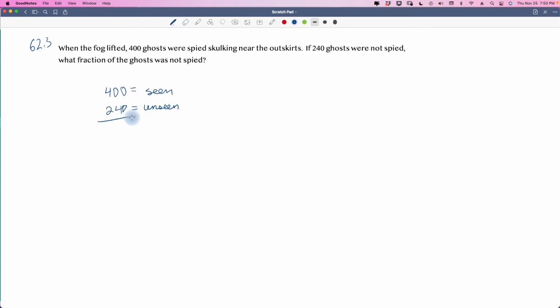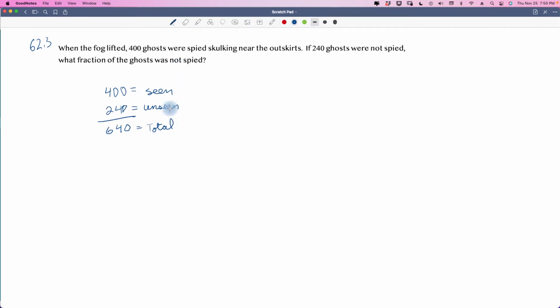What's our total number? 640. That's our total. So what we have to do is set this up to figure out what the fraction is that were unseen.